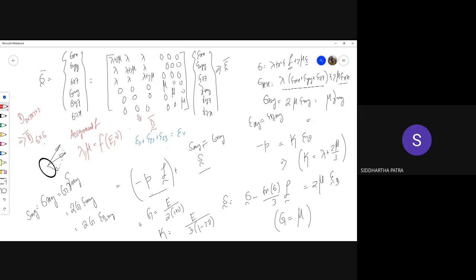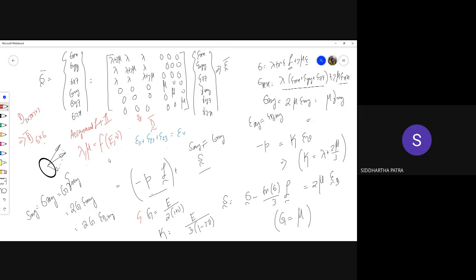So once you have the expression for the Lame parameters in terms of Young's modulus and Poisson's ratio, I need you to substitute them in this matrix and get the relationship between the stress and the strain components. That is your second assignment. So get the full 3D elasticity tensor.